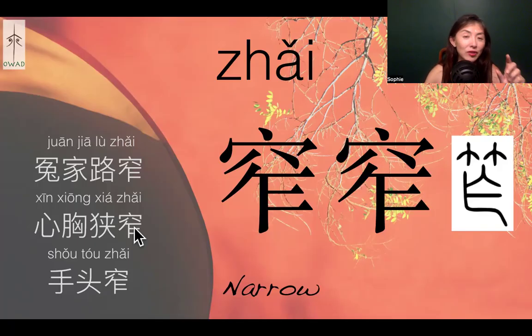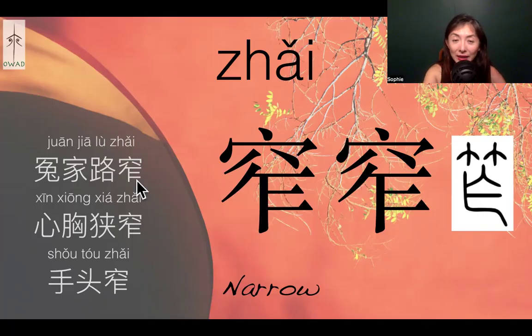And 窄 means narrow, means not much reserve. Usually people use 手头窄 to tell their friends, sorry, I have a low budget right now. I don't have much to spend, so I cannot help you, cannot loan you money at this moment. So that's the context to use.